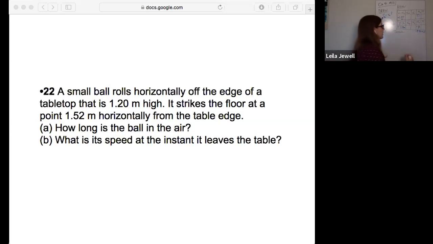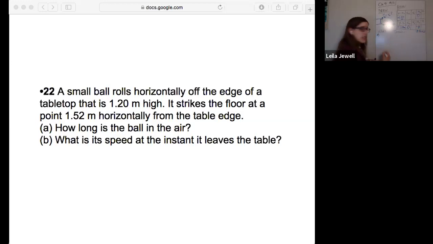In other words, in the y direction, the initial velocity is 0. This is like the demo where we launched the ball forward. There was no vertical velocity, it was all horizontal. This is really comforting because now we have 3 out of 5 of our y variables, which will help us out.